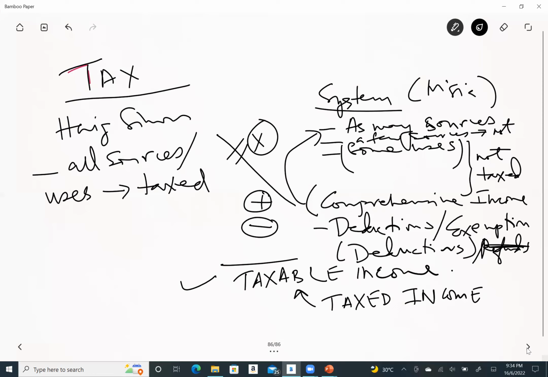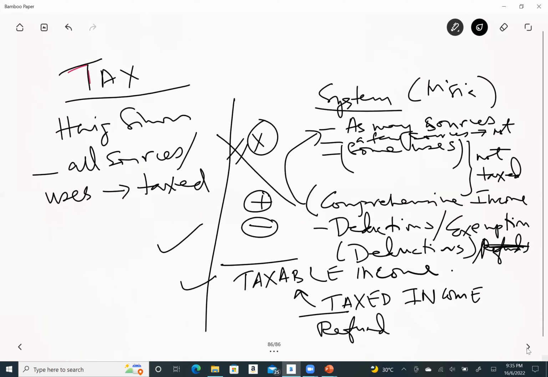After you compute the amount of tax that you have to pay, then probably there is some refund. Maybe we overpaid, so you get a refund. So this is how the income tax system works.